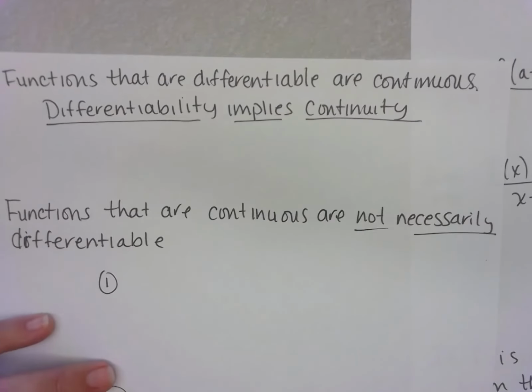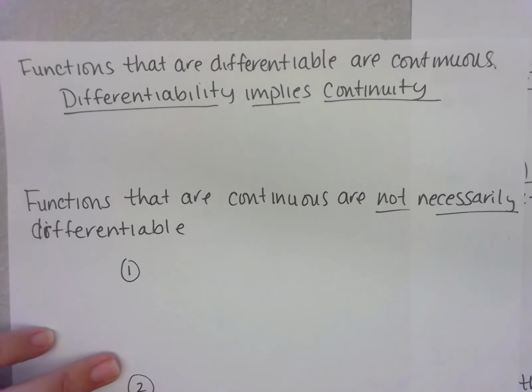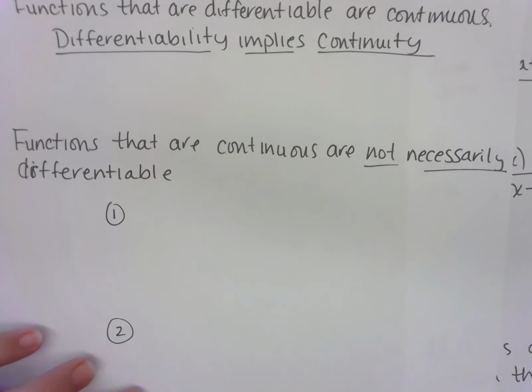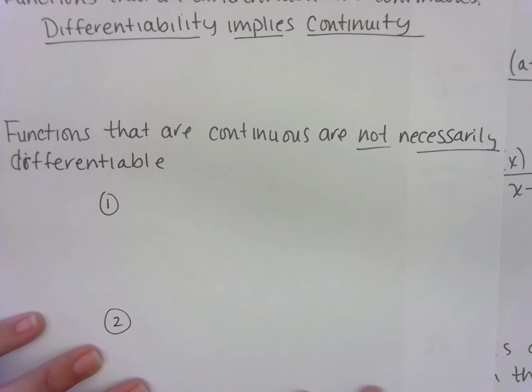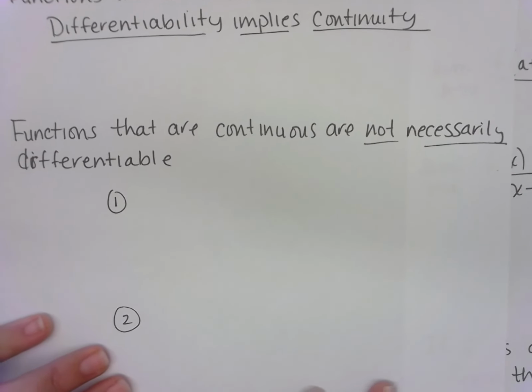Okay? And so the first thing that we need to know is that functions that are differentiable are in fact continuous. So if you're told that something is differentiable, then differentiability implies continuity. It's very straightforward. If something is differentiable, then you can assume it's continuous wherever they're talking about. Functions that are continuous, like the absolute value function and the cube root of x, right, x to the 1/3, were continuous, but they weren't differentiable.